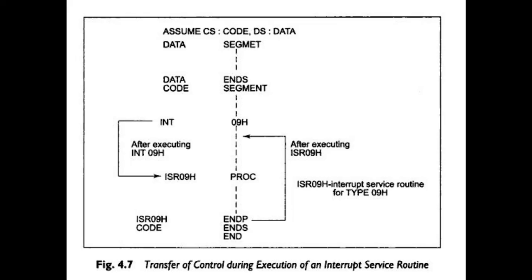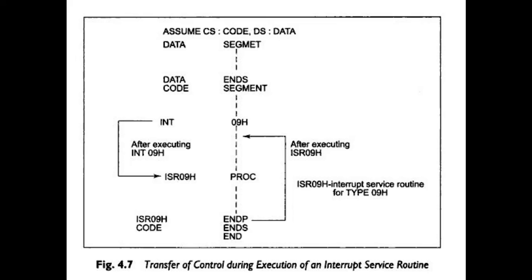Whenever we execute this instruction, we have to execute the corresponding interrupt service routine. The address of the corresponding interrupt service routine is available in the interrupt vector table, and we are assuming that the table is initialized suitably to point to the interrupt service routine.